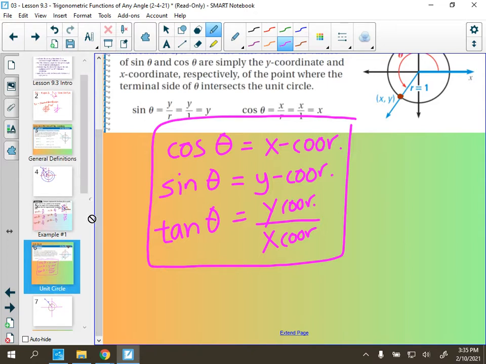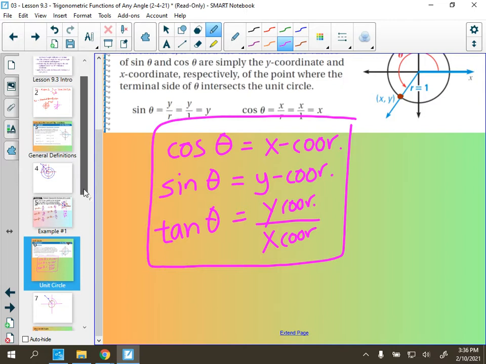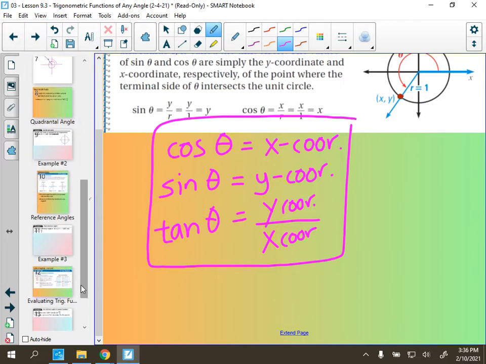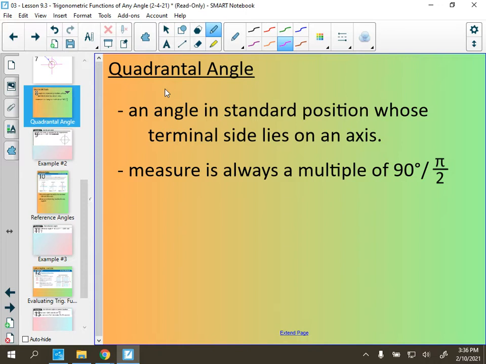All right, let's take a look. What do we got? Well, actually, one more thing here. One more vocab word for us. And then we'll take a look at an example, okay? So quadrantal angles, I think it came up maybe at least in the previous notes, maybe not that word specifically, but we did look at some.